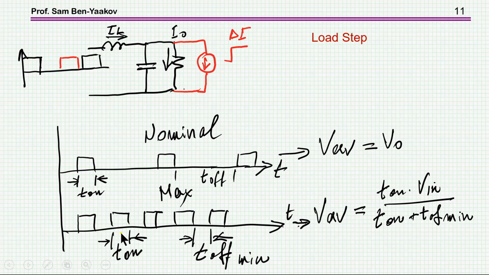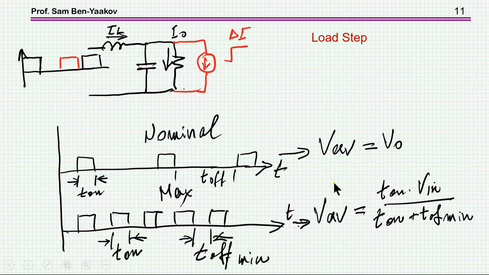We have the same T on, but we will reach T off minimum, and the T off minimum is set by the controller, so you can't go below that. So the average value of the voltage that you'll get at the midpoint here will be T on times V in over T on plus T off minimum.